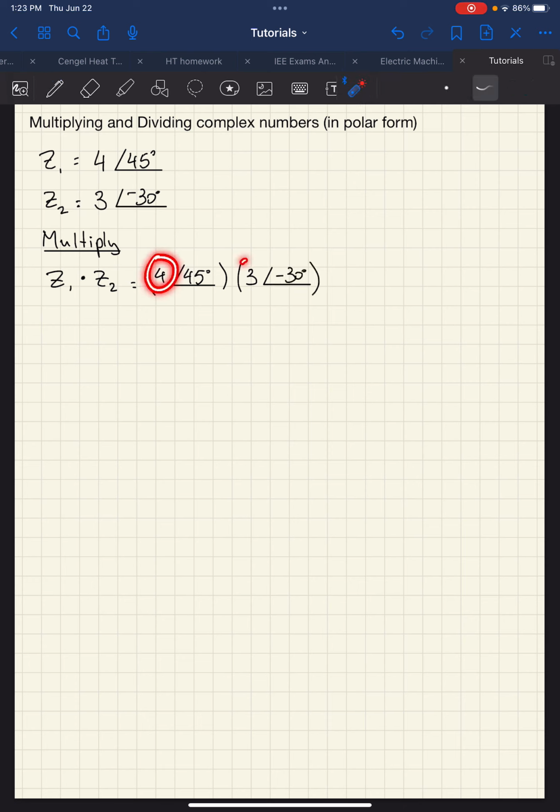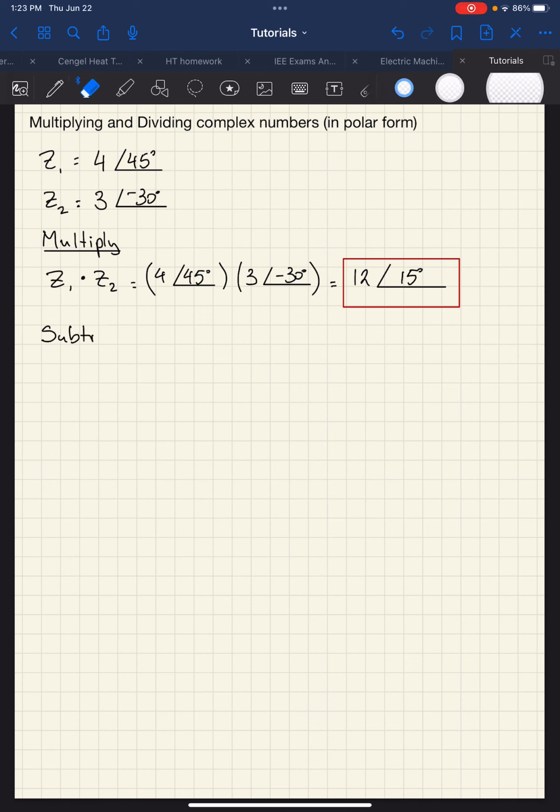So 4 times 3 is 12. And then the resultant phase angle is going to be the sum of 45 plus negative 30. So that's just going to be 15 degrees. Very easy. Not subtract, divide. My brain was one step ahead of my pen.